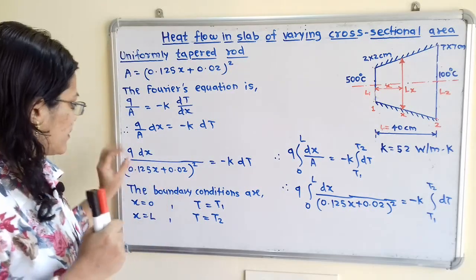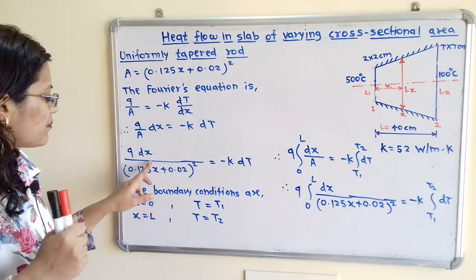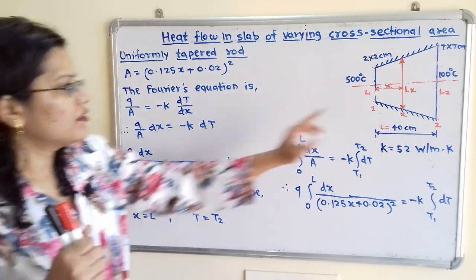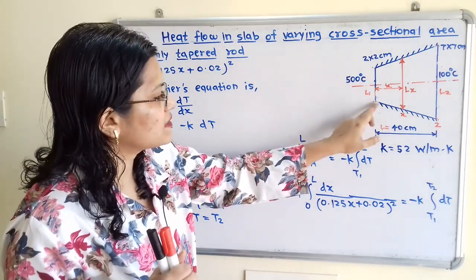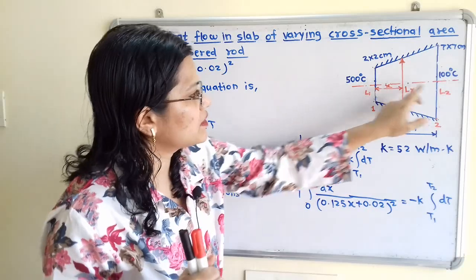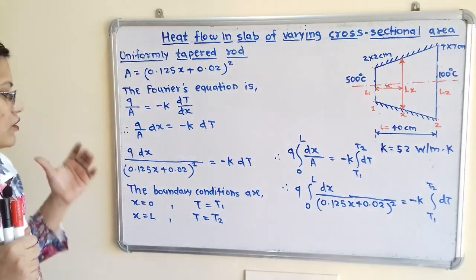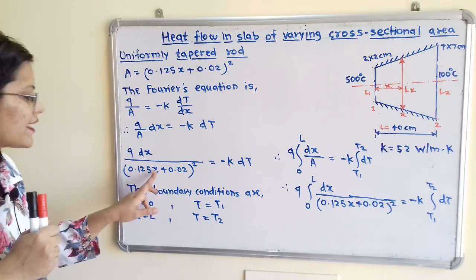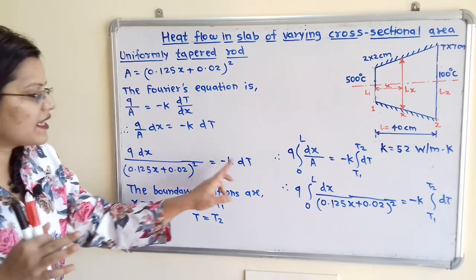That means the parameter x is variable, because as the length is varied, the temperature is also variable. So from this equation we come to know that x is variable as well as temperature.